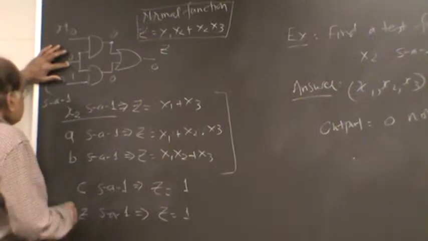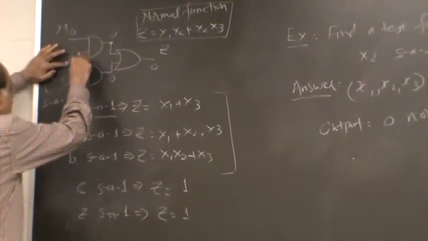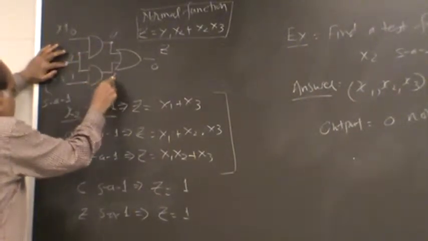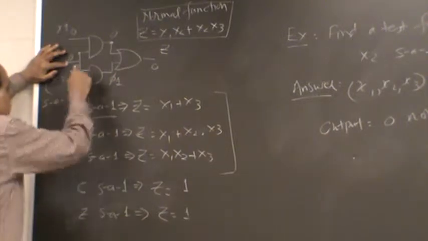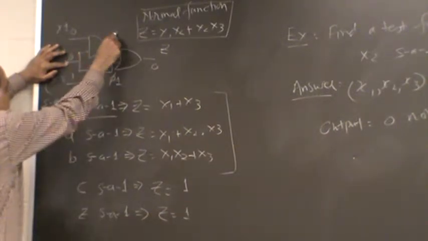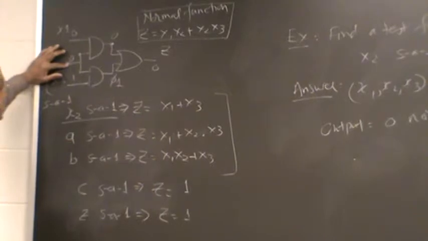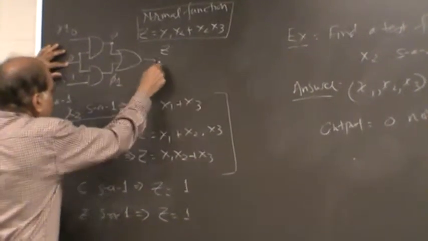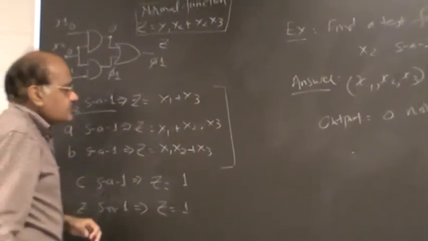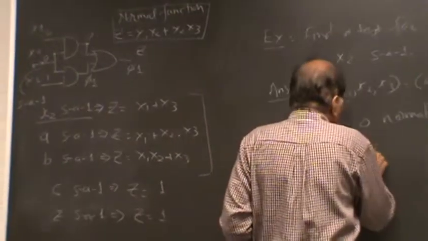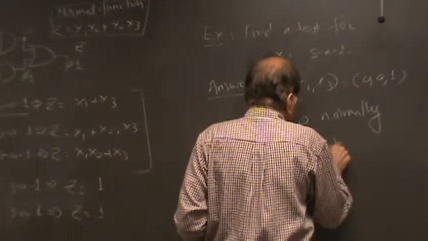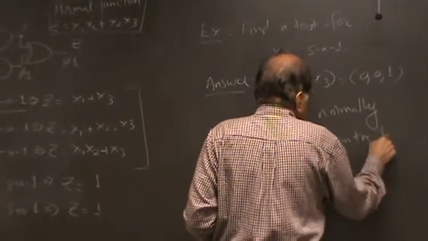And so here we have a 1, and here we have a 1. So here we are going to have a 1. Now this 1 here, of course, doesn't matter. So this 0 still stays 0. And because we have a 1 here, this is a 1. So it is equal to 1 when the fault is present.